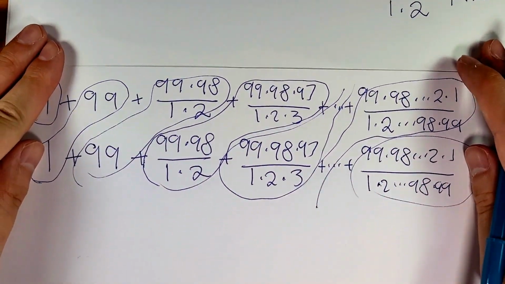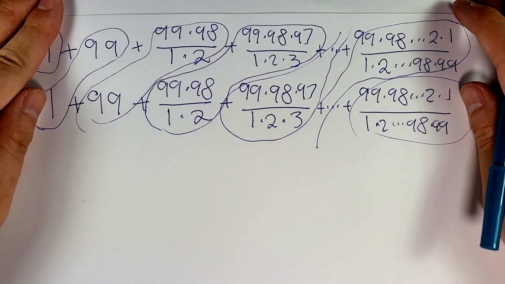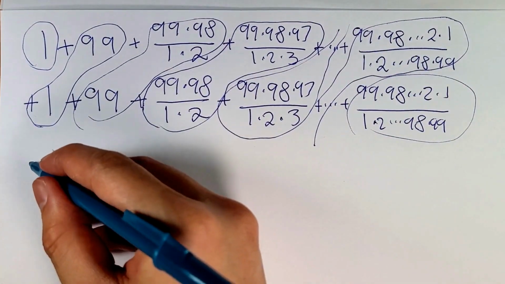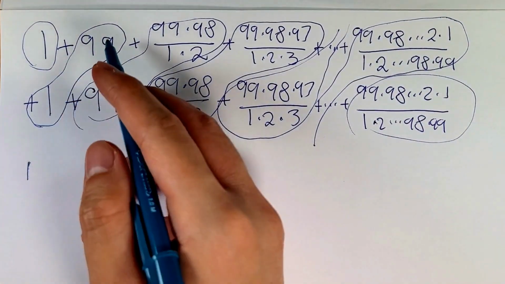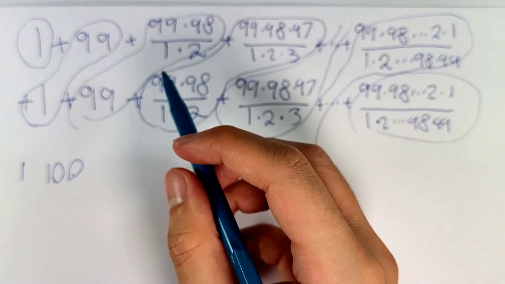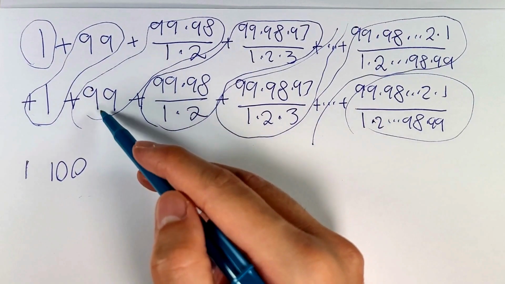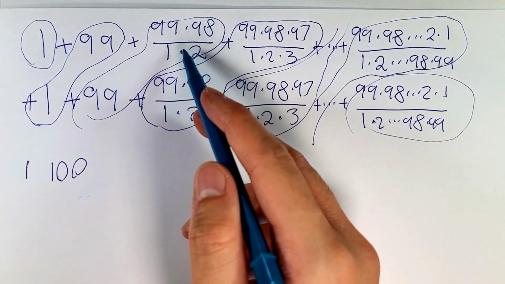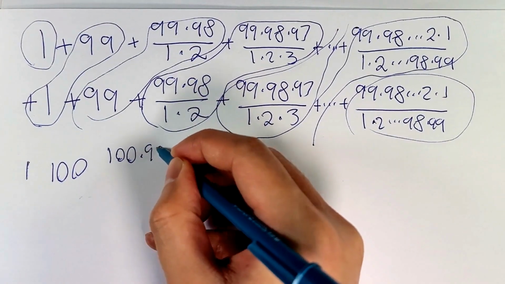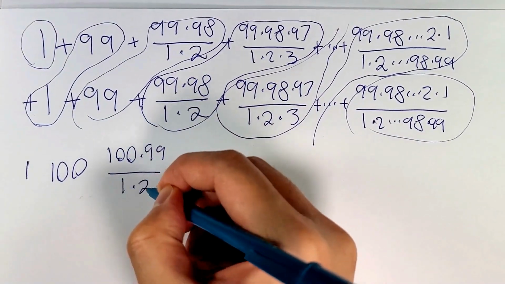So notice that 1 of course equals 1. And 1 plus 99 equals 100. But I will also show that this number plus this number equals 100 times 99 over 1 times 2.